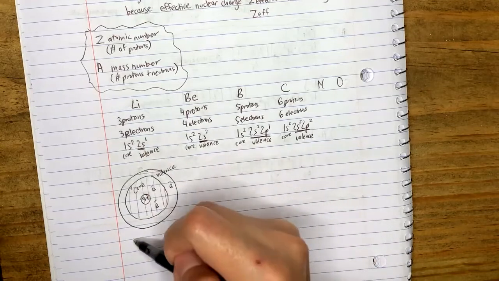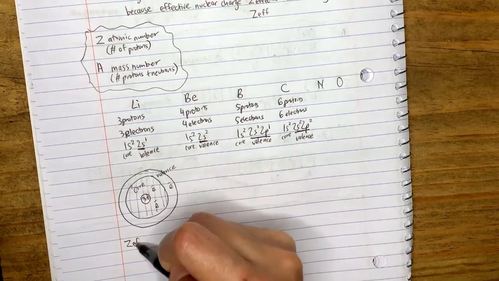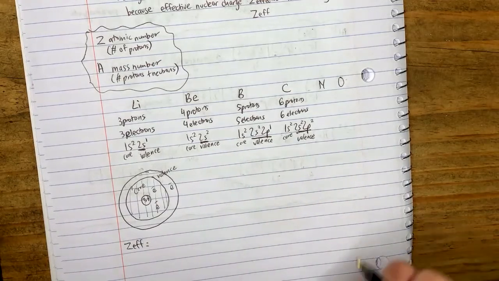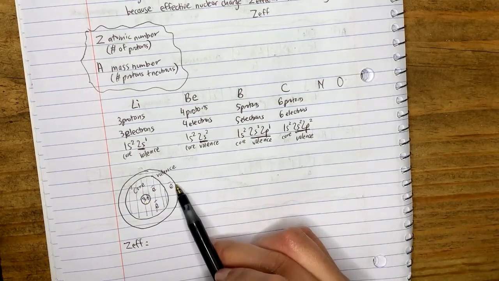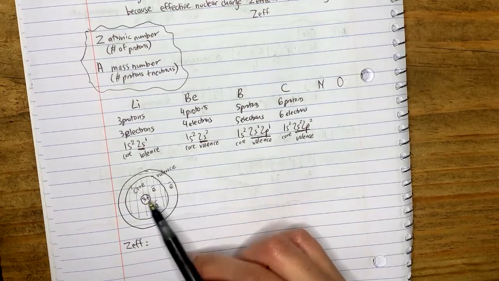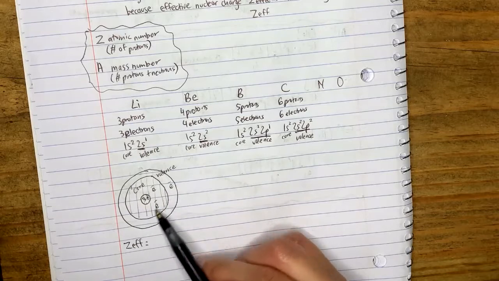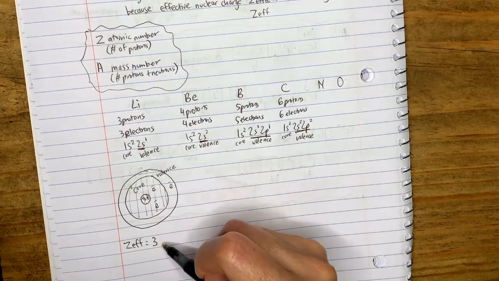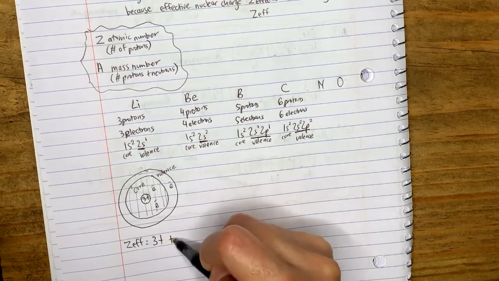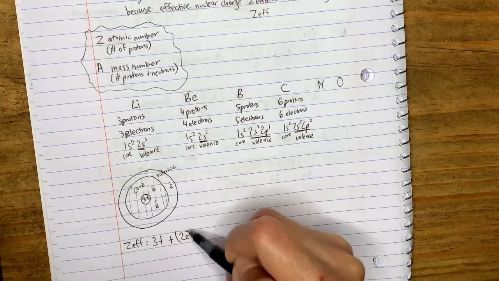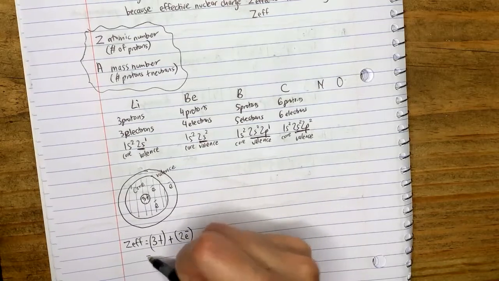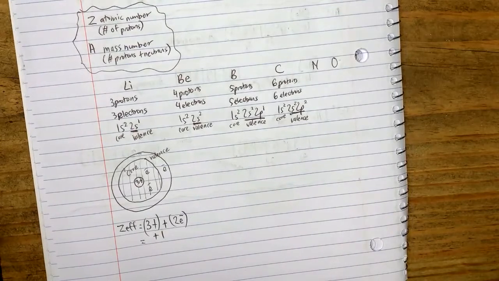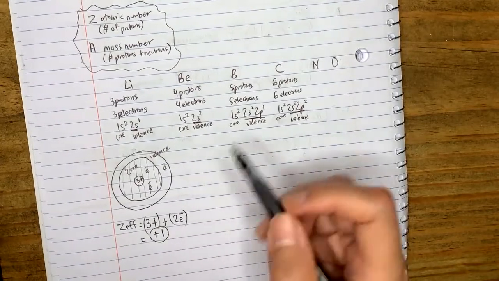Z effective is basically the pull that the outermost layers feel from the nucleus, which is actually covered up by the core. So it's 3 positive charges, but you add 2 electrons, which are negative charges, so you subtract 2, and your Z effective is only +1. That's my Z effective for the first one.